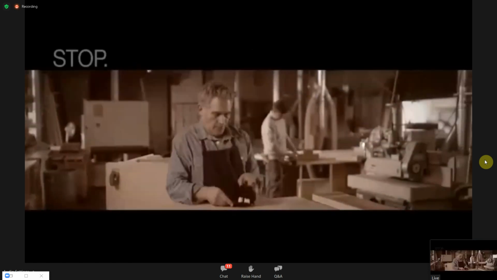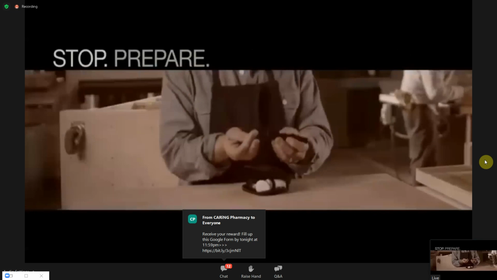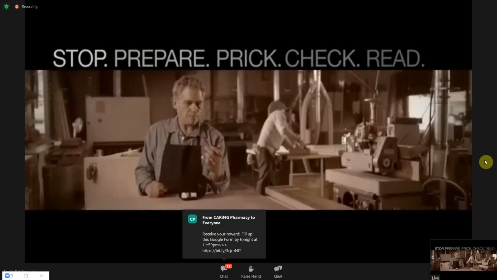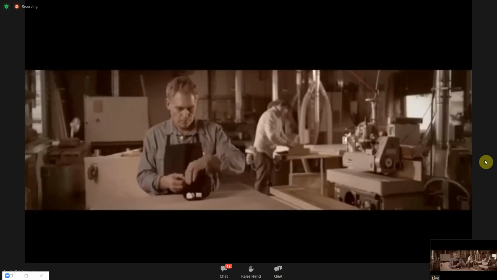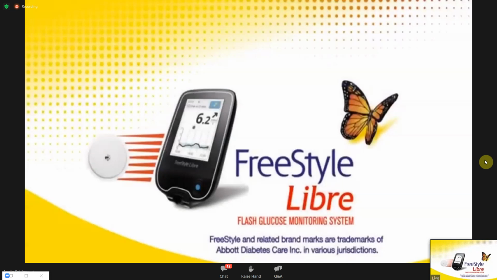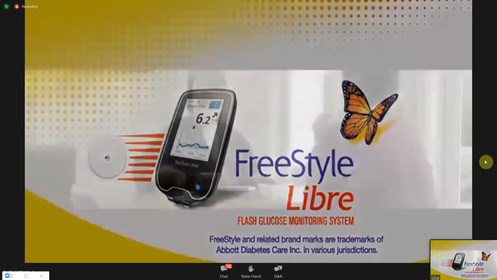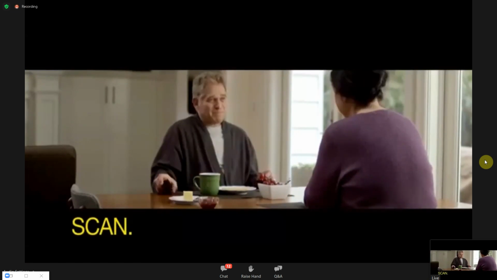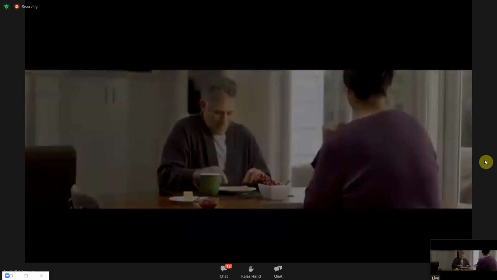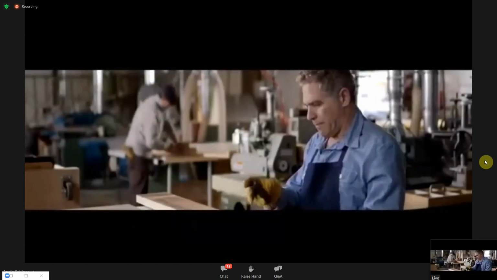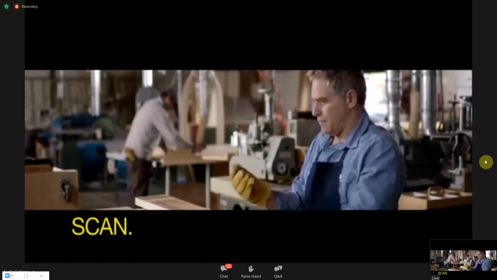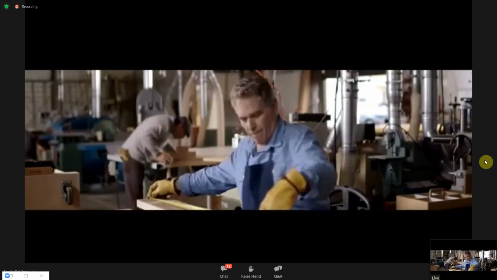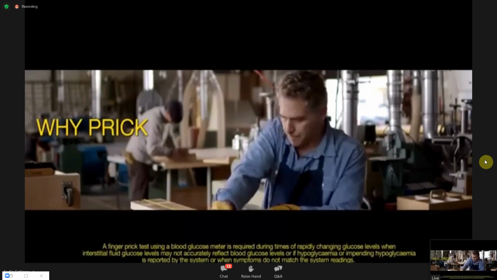And you only get a glucose number and nothing more, a snapshot that tells you where you are, but not where you're going. Starting today, there's a revolutionary way to check your glucose with a quick scan and without the pain, hassles and interruptions of routine finger pricks, all the while giving you more information about your glucose levels than ever before. The Freestyle Libre Flash Glucose Monitoring System. Why prick when you can scan?